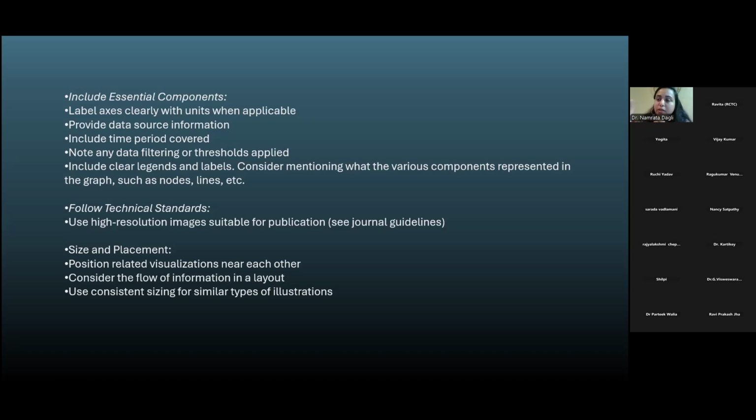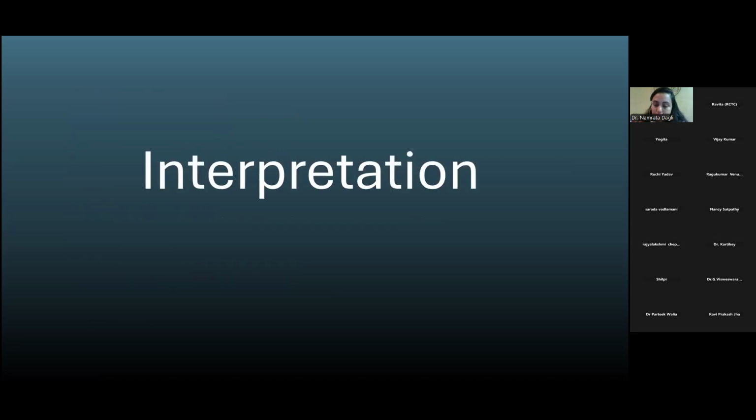But there should be a sequence, there should be a flow. It should not happen that you are presenting one graph of author, then another graph of institution, then another graph of co-authorship analysis. That should not be there. Try to maintain a sequence. Use consistent sizing for similar types of illustrations. I hope I'm clear till now.